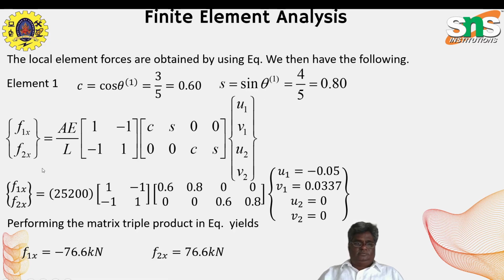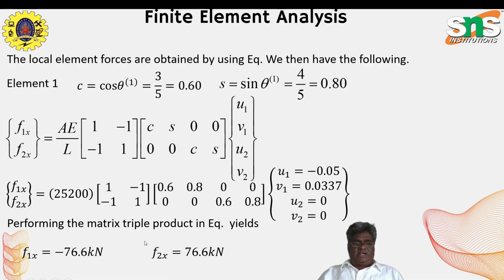Substituting these values, we already calculated AE divided by L as 25,200. Then the row matrix, then subject 0, C is 0.6, S is 0.8. Substitute the values. Then substitute the displacements U1 V1, U2 V2 as 0.